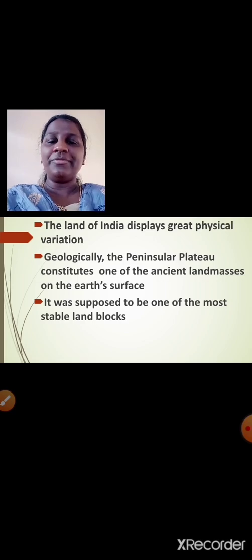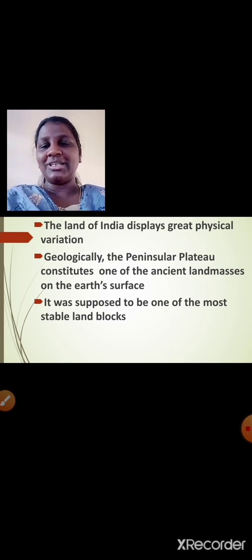The land of India displays great physical variation, isn't it? Somewhere mountain, somewhere plateau, somewhere desert, somewhere plains. Geologically, the peninsular plateau constitutes one of the ancient land masses on the earth's surface. So the peninsular plateau, we have seen it is the part of Gondwana land, right?